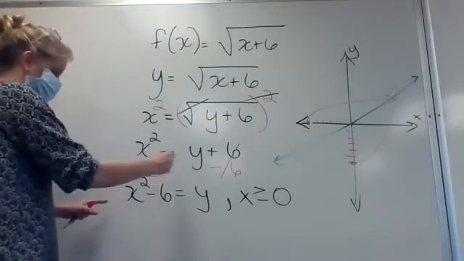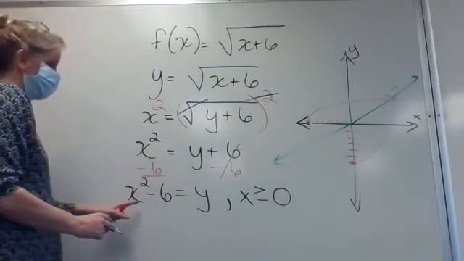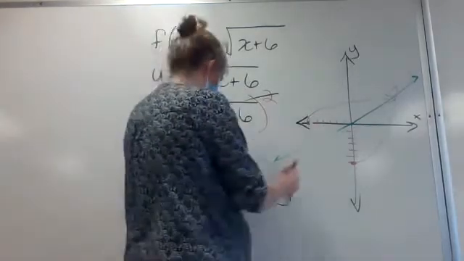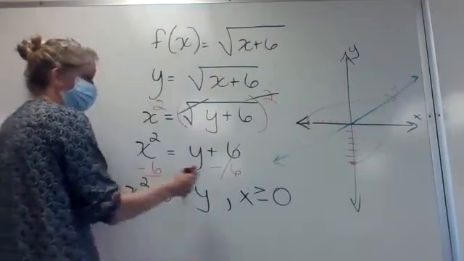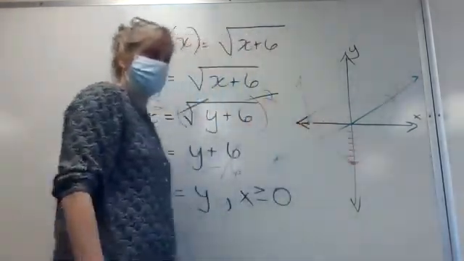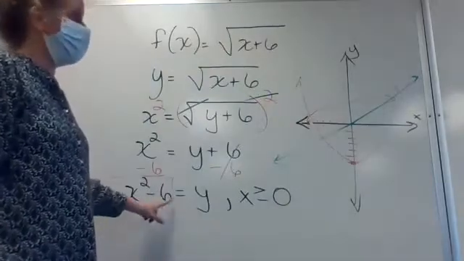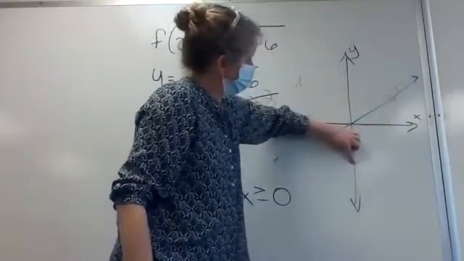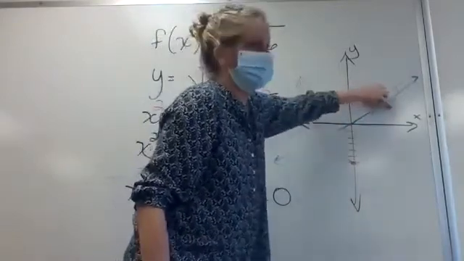This is a multiple choice option, but again, it's saying you only want to use this part right here. If you put it on the graph, it's going to have that part, right? It is a parabola, but only this part of the parabola is the inverse of that.